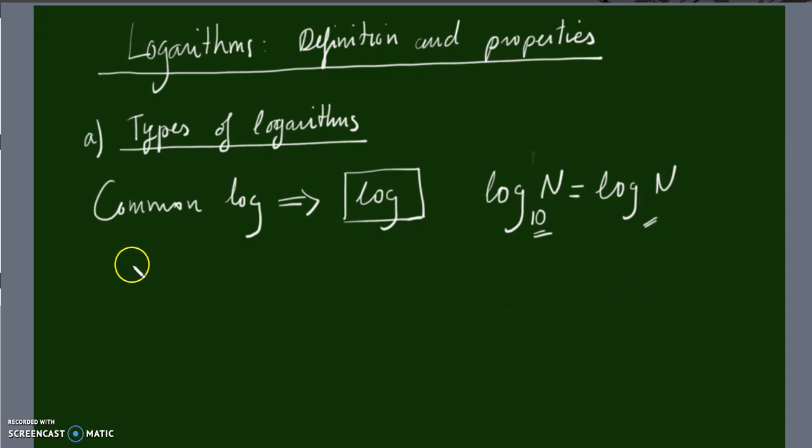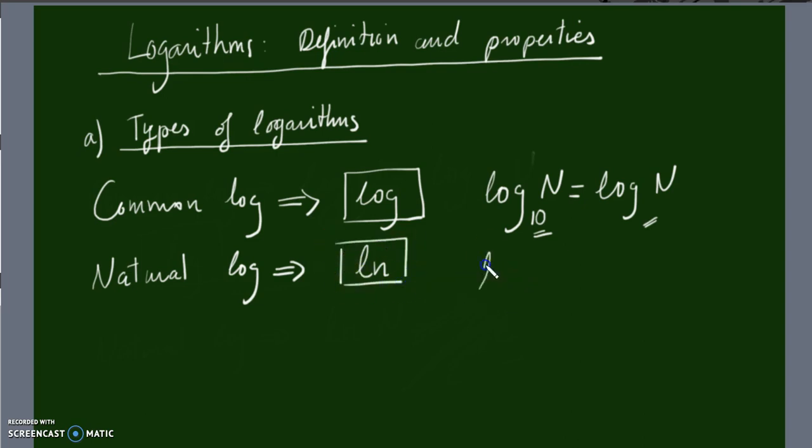Well, in second place, we are going to talk about the natural logarithm. This is represented as ln on your calculator. This is equal to a logarithm with base the number e.